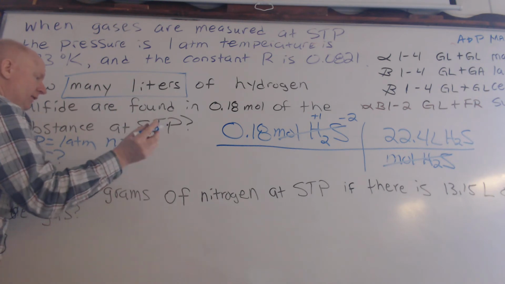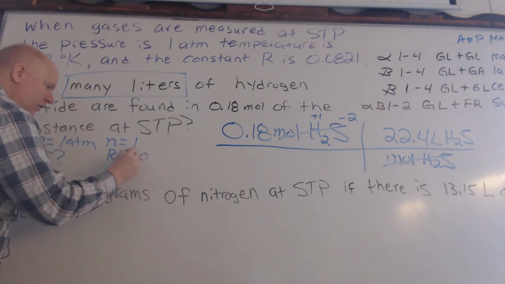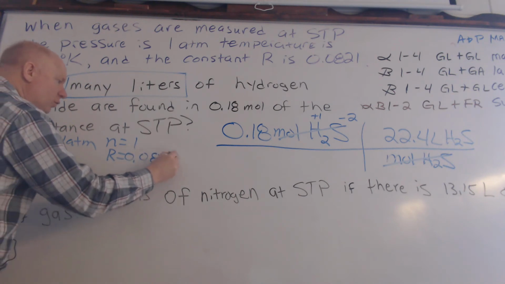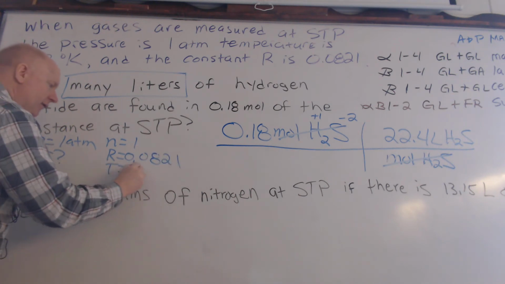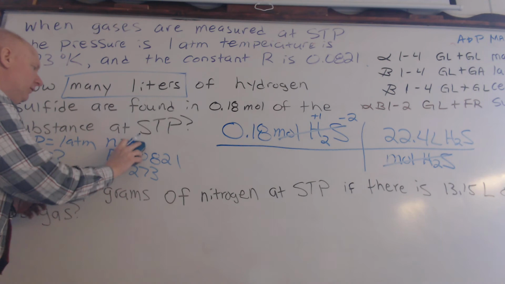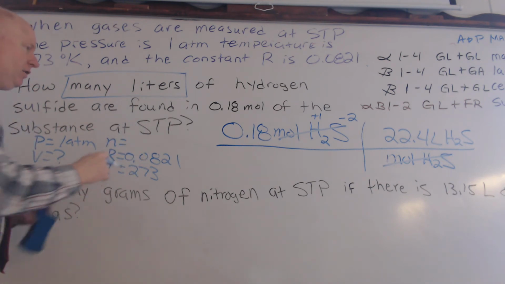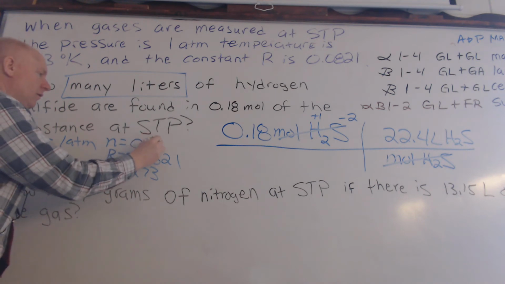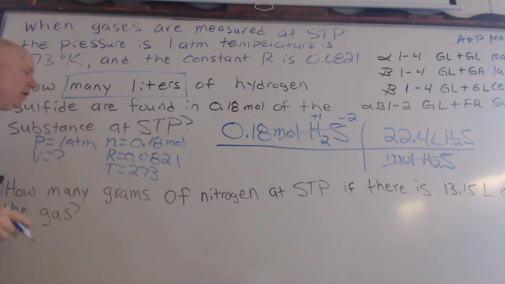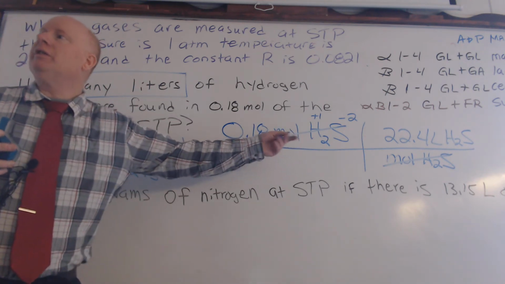N is 1, R is 0.0821, and then temperature is 273. Is it always 0.0821? Yes. Or only when it's the same temperature? It's always 0.0821. There. So you can use the ideal gas law, but to me, this is just a little less work that's going to give you the same answer.